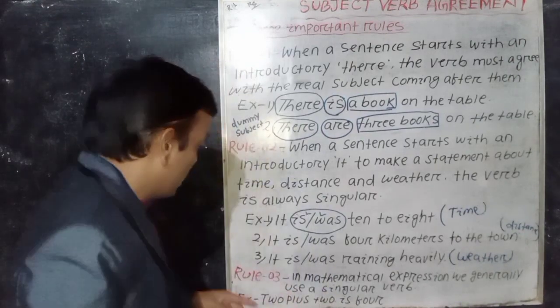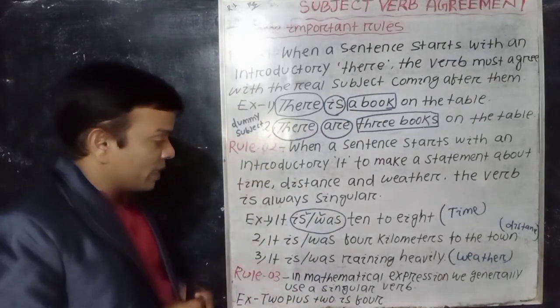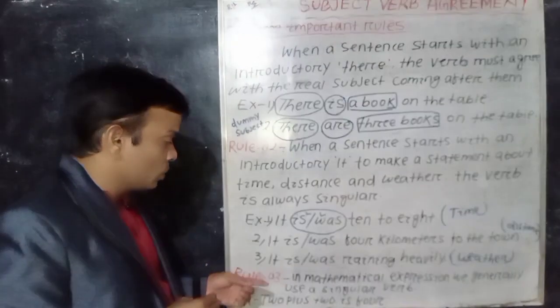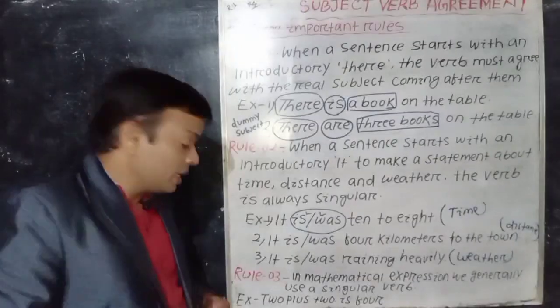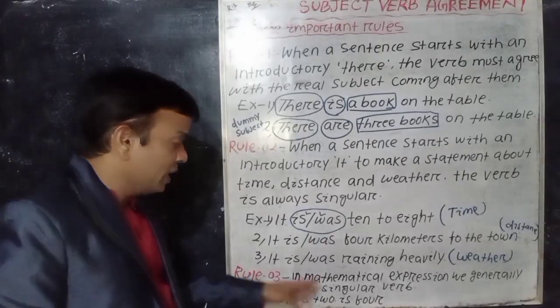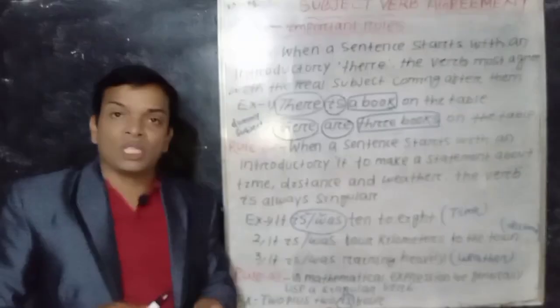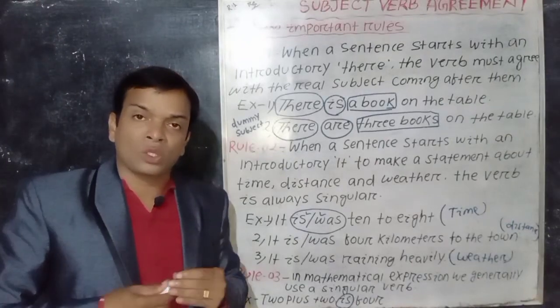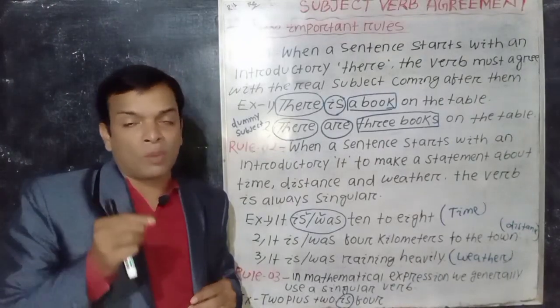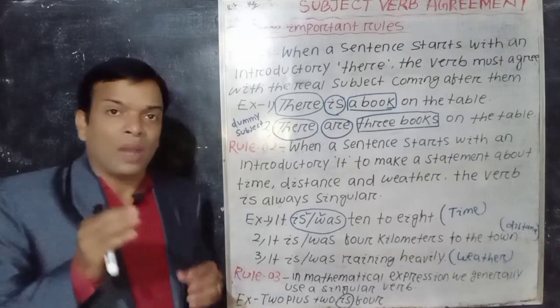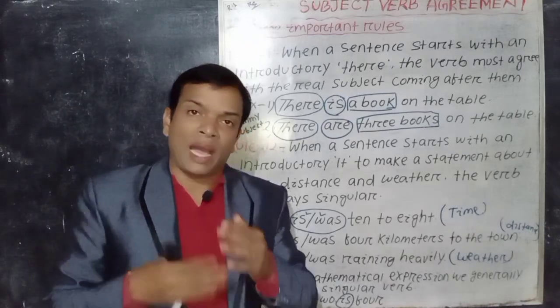Then rule 3, in mathematical expression we generally use a singular verb. See, 2 plus 2 is 4. 2 plus 2 is 4 is a mathematical expression. And also remember one most important thing, some people also allow are, that means 2 plus 2 are equal to 4.